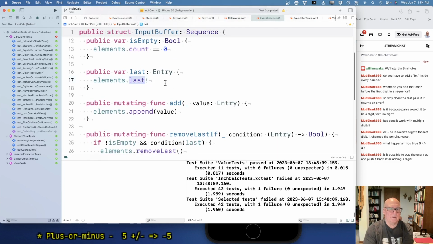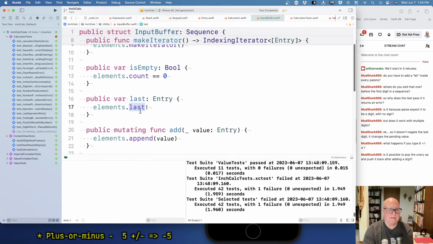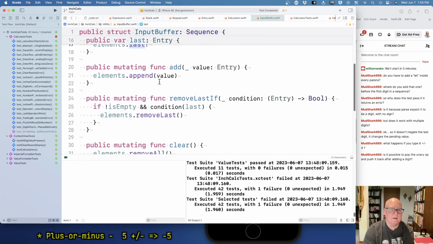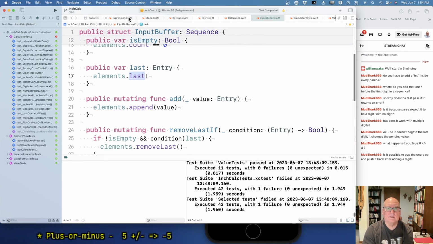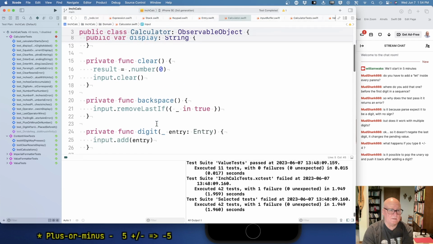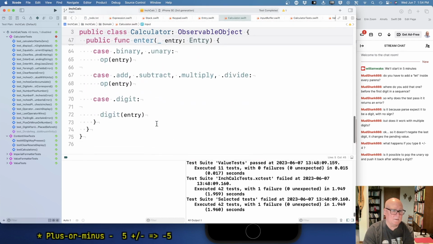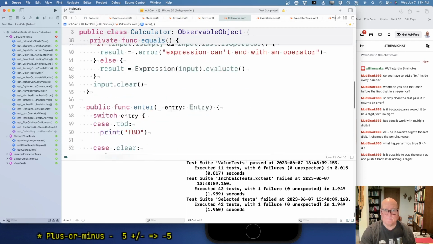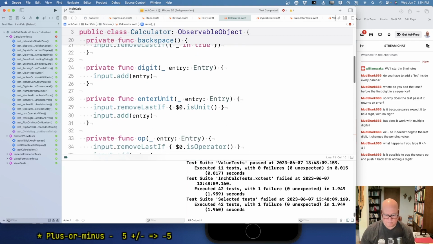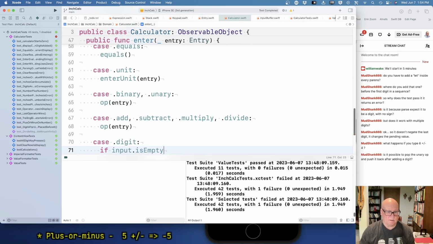Okay, I guess if not empty and last is a unary op, we're going to swap around. Okay. Right. So if we call it buffer input dot is empty, which I almost never want to know. I always want to know if it's not empty.